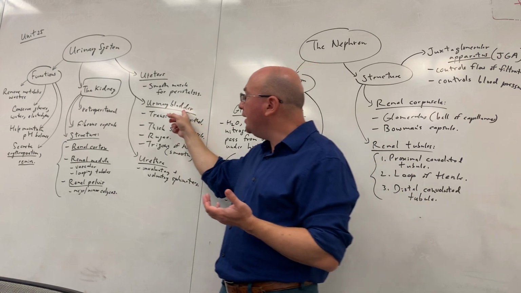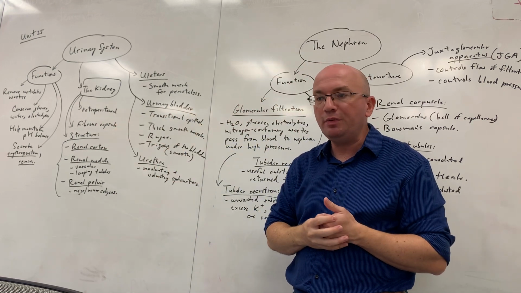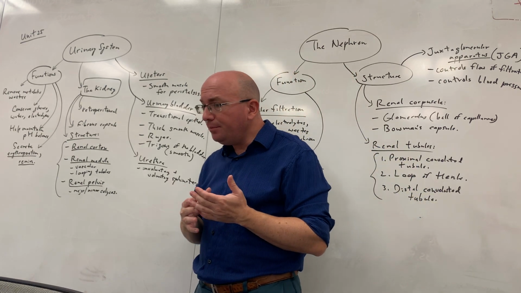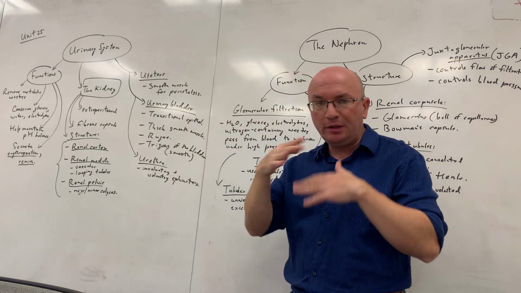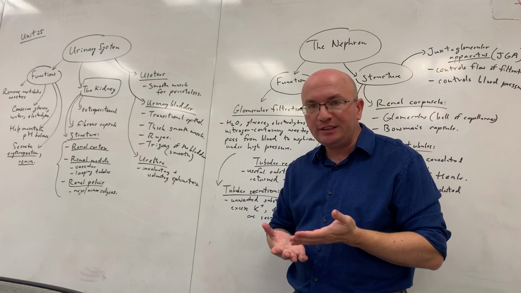And the bladder is this muscular pouch consisting of multiple layers of smooth muscle and internally consisting of transitional epithelium. Remember, this is a type of epithelium that has two separate states depending on whether urine is present or not.